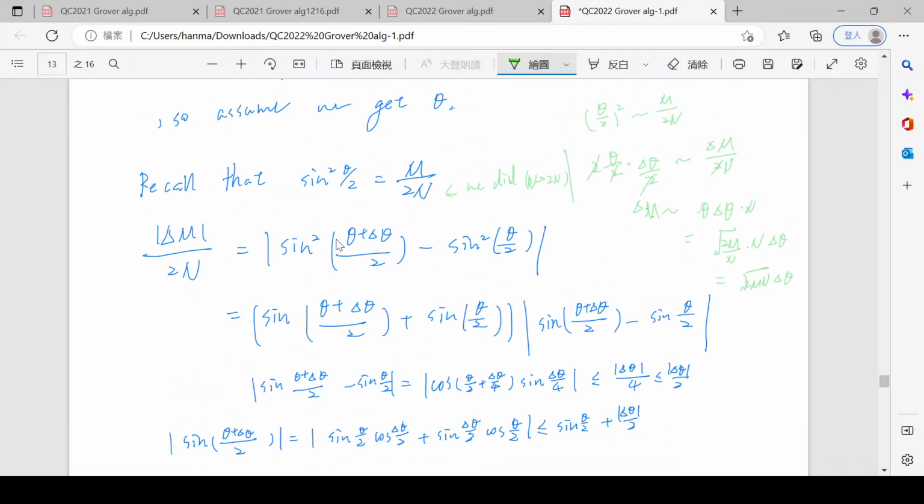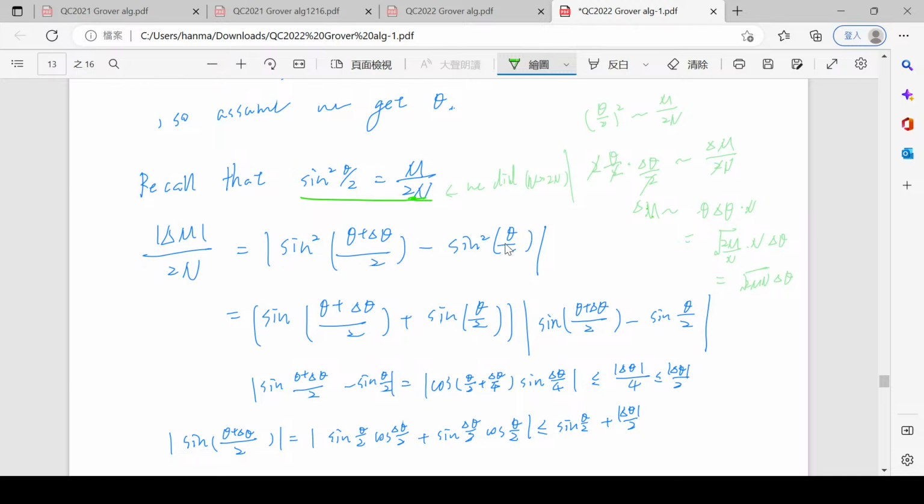So anyway, we start with this thing, and this is not m over n anymore. From the previous class it was m over n. We expand n to 2n, so it's 2n here. Now what's the difference on this side? We think about delta m over 2n, and that's whatever this side with delta theta minus this side with theta, right?